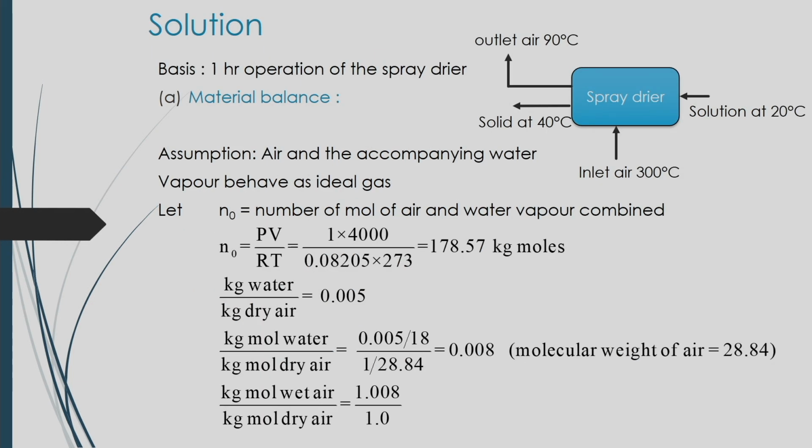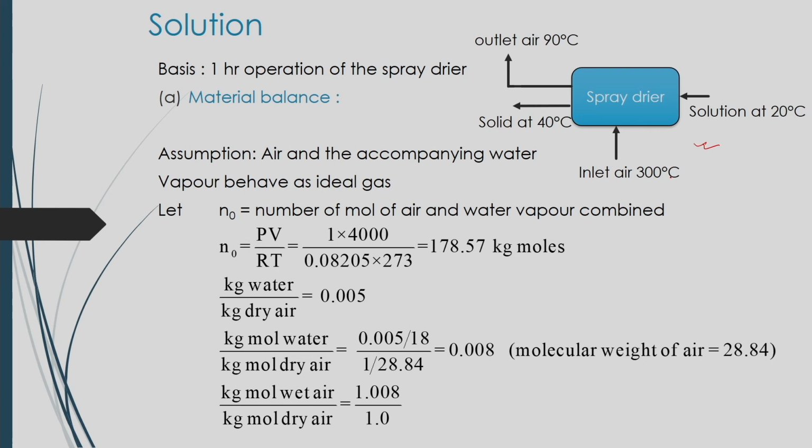Let us solve this problem here. In this case, consider 1 hour of operation of that spray dryer. Here it is schematically represented in this slide. Here is the spray dryer; the inlet is solution at 20 degrees Celsius, whereas inlet air containing certain moisture at 300 degrees Celsius is supplied to the spray dryer.